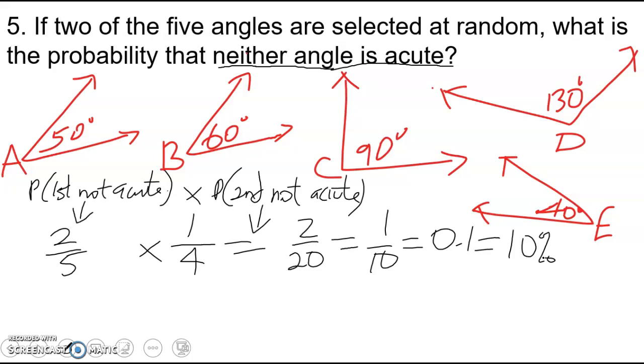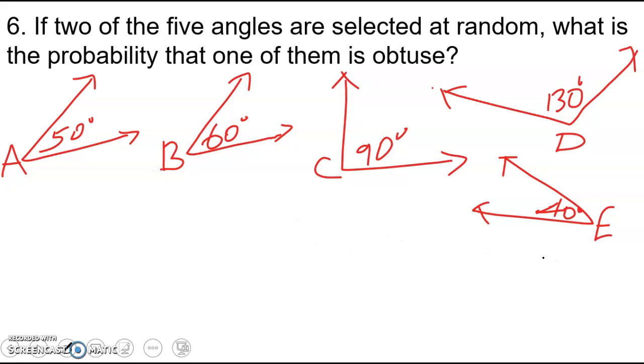Okay, one more. What if 2 are chosen, and then what is the probability that one of them is obtuse?